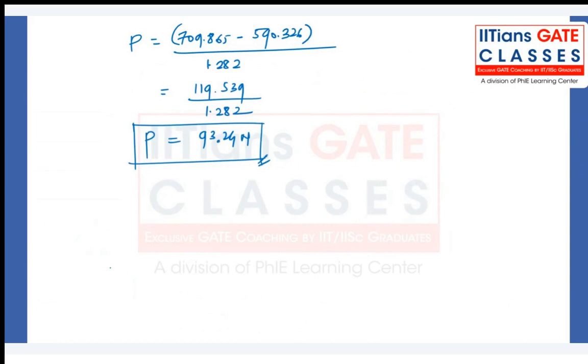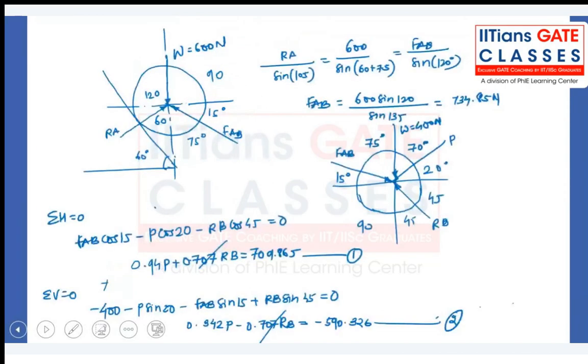Any doubt in this question? See, all 3 problems are more or less the same. Nothing is different in the 3 problems. You just have to draw the free body diagram and write the angles correctly. Yes, Shrujana, what is your doubt? Is everyone understanding these free body diagrams?